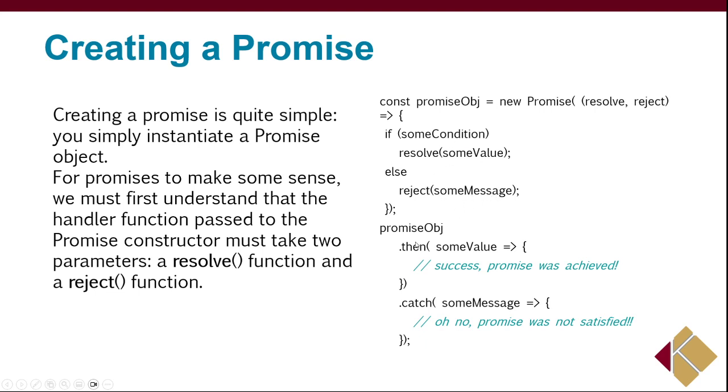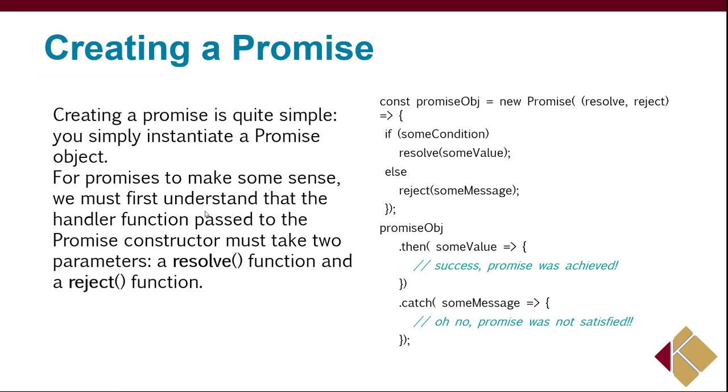Like when we're using our fetch, the then is a resolve, and the catch is a reject. So promises basically exist to have two states, either resolve or reject. And while we're waiting for those two states to happen, you can go do other things.